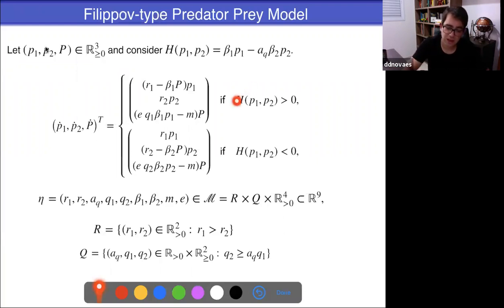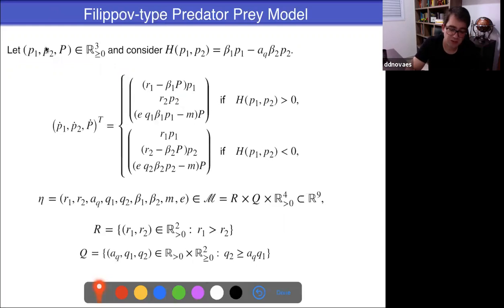So when H of P1 and P2 is positive, there exists an interaction between the predator P and the prey P1, while the prey P2 grows exponentially, of course, if R2 is positive. So the predator eats prey 1.